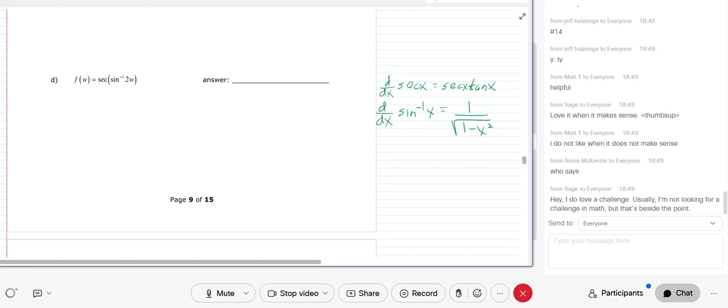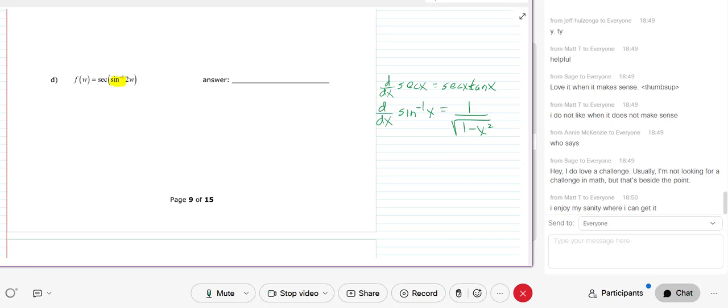And what you have here is kind of an inside part. So you're really just doing the derivative of secant u. You start with doing the derivative of the big part. So when we start this problem out, we're going to have f prime of w. The derivative of a secant is a secant tangent.